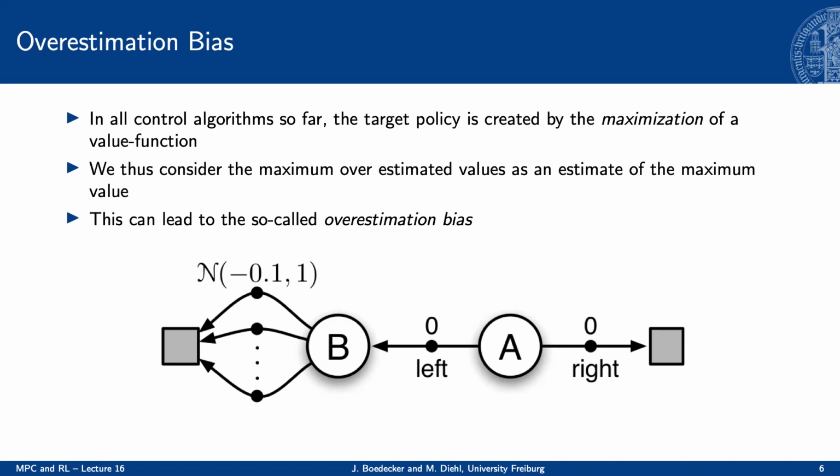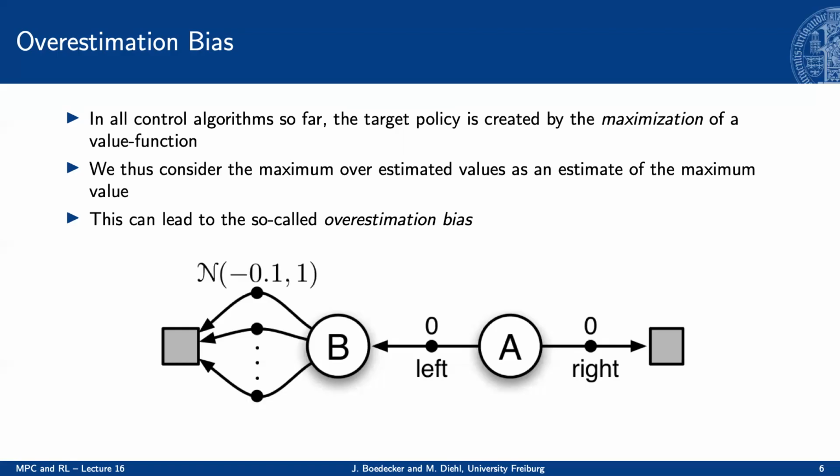So we saw that we always use this maximization of the value function. We take a maximum of the estimated values and use it as an estimate of the maximum of this value. So we pretend that that's the right maximum value, but it includes some noise.